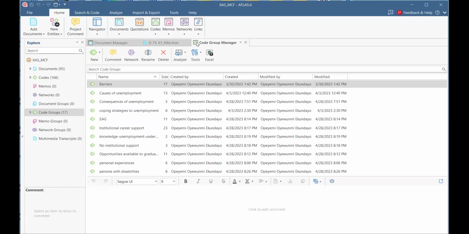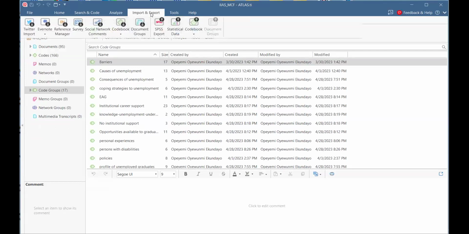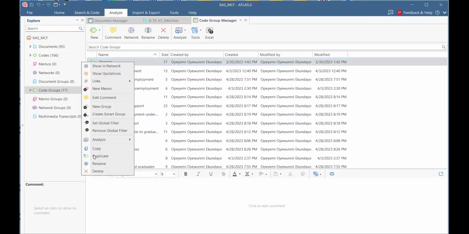Even the interface generation, exports, code book. Okay, let's do this. Barrier.